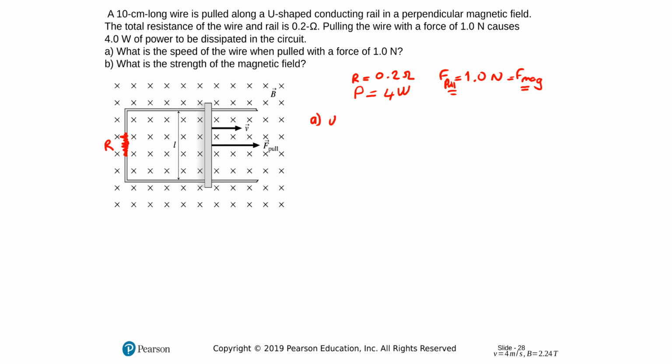A, what is the speed of the wire when pulled with 1 Newton? Very simple matter here. Power is equal to the force we apply, which is F pull, times the speed. And that will give us a speed of 4 meters per second.